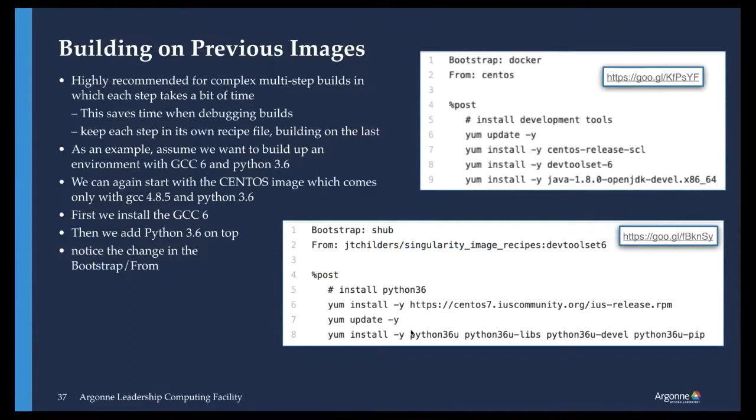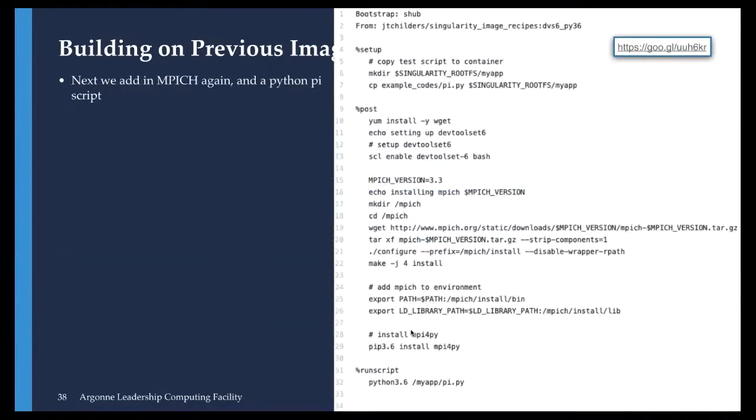In this case, I think it's 6.3 that comes with DevToolset 6. And then I would also have access to Python 3. And these are steps I took out of a build of TensorFlow, in fact. So these are requirements for TensorFlow if you're building that from scratch.